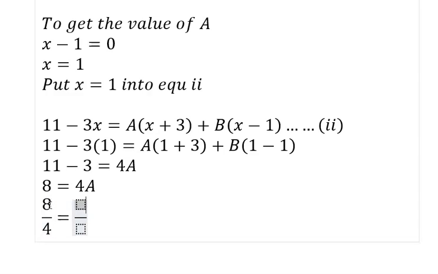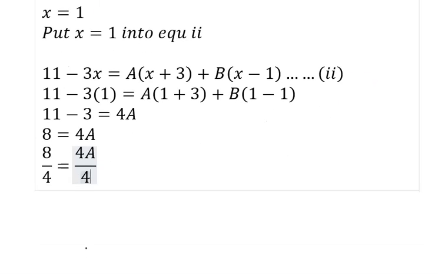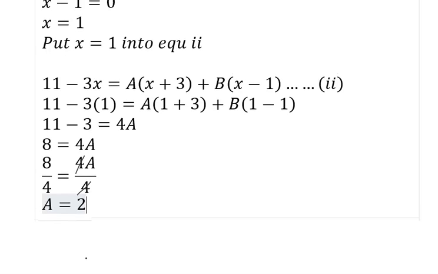You have your 4a divided by 4. Awesome. So with this, 4 can cancel out 4. So now we've gotten the value of our a to be what? To be 2, because 8 divided by 4 will give us 2. Awesome. So we've gotten the value of our a.